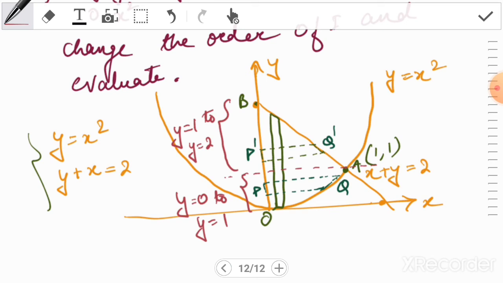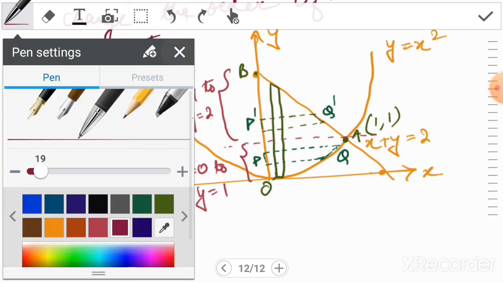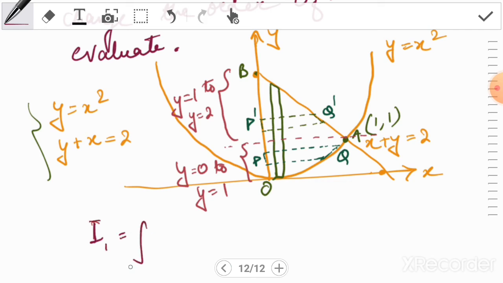So let us split up the region into two parts. Then the contribution of integration from the first region will be I1 is equal to integral 0 to 1 dy, and x is varying from 0 here to root y, so 0 to root y, xy dx.